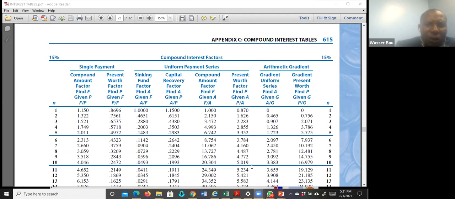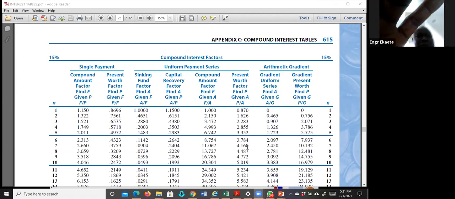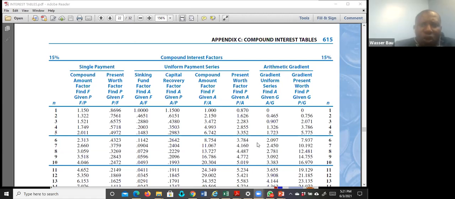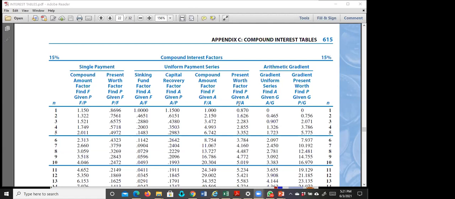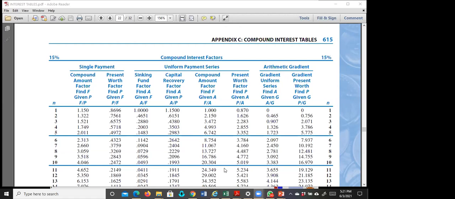These investors came and told us how much we are going to be saving in our energy projects, how many years it will last, and their profit margin. So our job is to find out the present value of that investment. Okay, I've seen it.